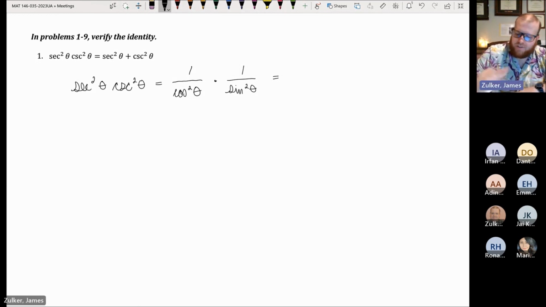We just multiply straight across. So right now we have 1 over cosine squared times sine squared.